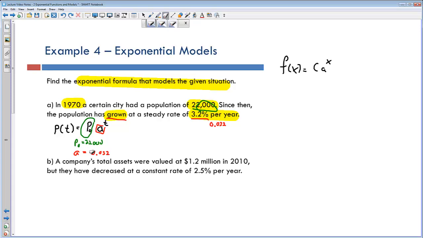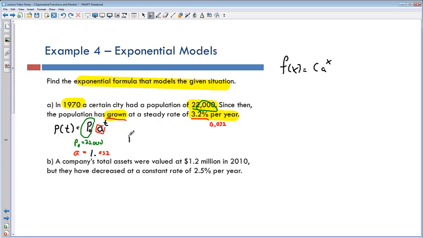So what's wrong here is it doesn't have the whole piece, right? You need that whole piece, which is that 1. So it's actually 1.032. And the 1 comes from the whole. If you multiply by 1.032, what you're telling me is you're going to give me the whole piece, the 22,000 people back, plus that extra 3.2%.